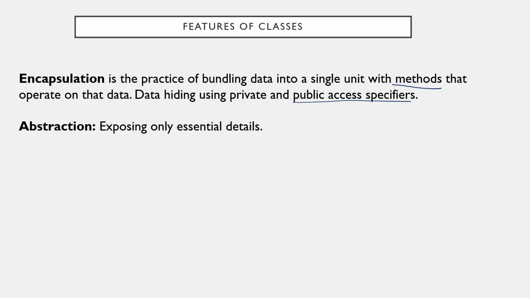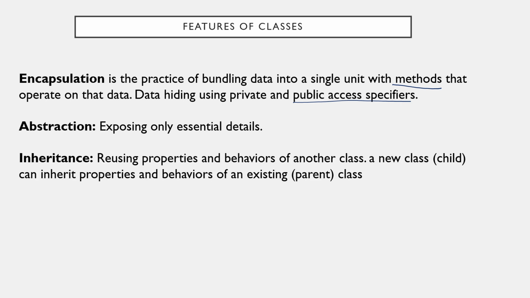Abstraction means that you only want to expose the essential details. Inheritance we will get into later in the semester, but you can reuse properties, like having a parent class and a child class, so that you don't have to reinvent the wheel for things that can be inherited from a parent by a child.